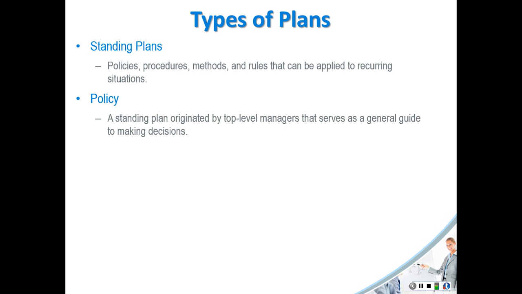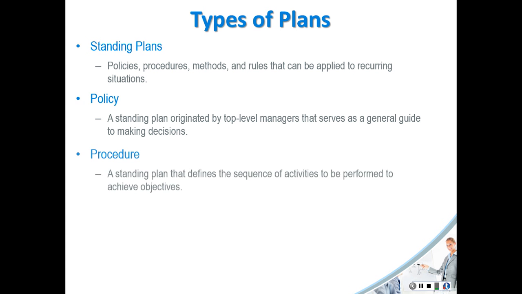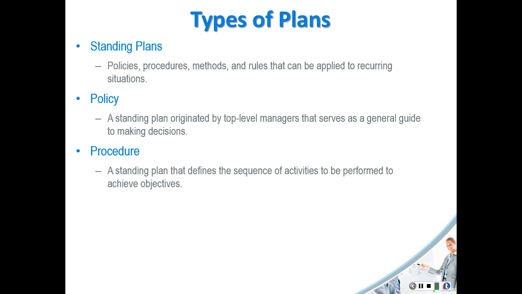A policy is a standing plan originated by the top-level management that serves as a guide to making decisions. It gives you a little bit of flexibility if needed, but for the most part, this is generally our policy and how we handle that. A procedure is a standing plan that defines the sequence of activities to be performed to attain certain objectives.